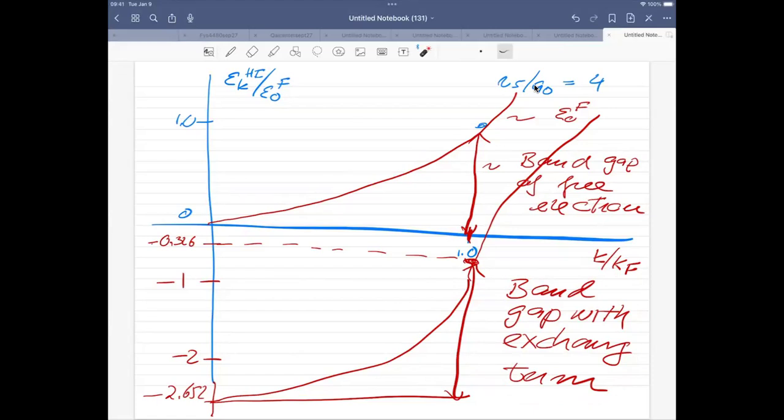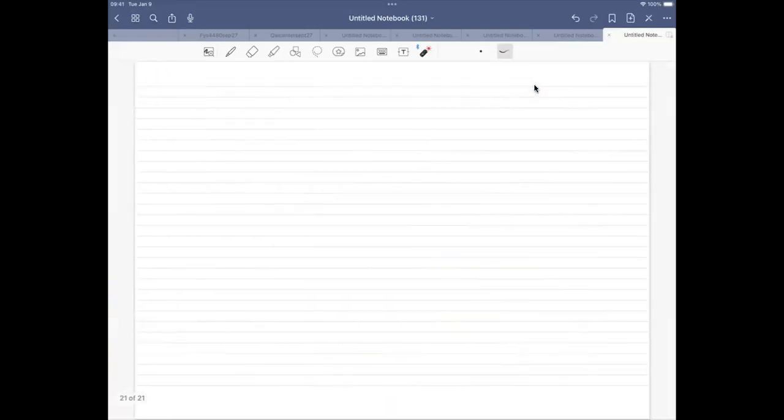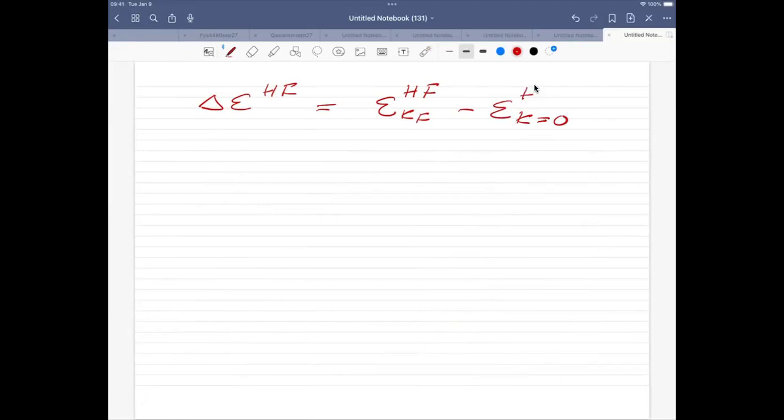So the band gap is simply the difference between the energies. This band gap is defined as delta epsilon Hartree-Fock, which is the epsilon at k_F, at the Fermi level, Hartree-Fock, minus epsilon at k equal to 0 of Hartree-Fock.